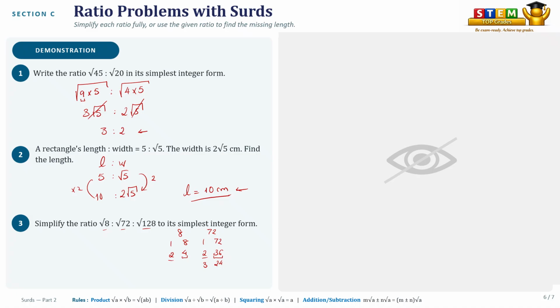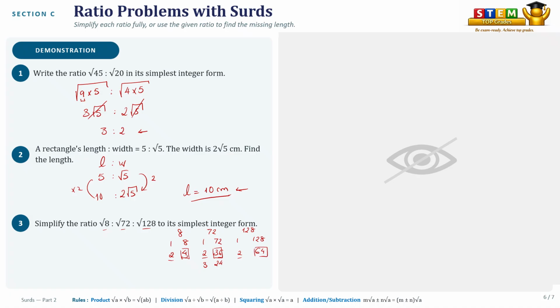So I think that's where we stop for 72 and 128. So that's going to be 1 and 128, 2 and 64. We've got 2 here, and you will notice these are square numbers, all of them.